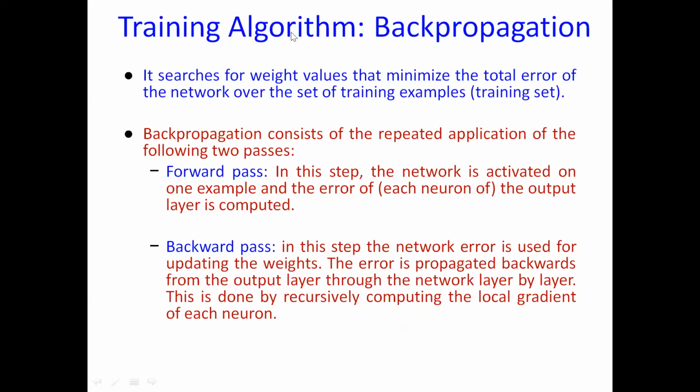In the forward pass, the network is activated on one example, and the error of each neuron of the output layer is computed. Coming to the backward pass, here we update the weights due to the propagation of error in the backward direction, starting from the output layer and coming to the input layer, through the network layer by layer.